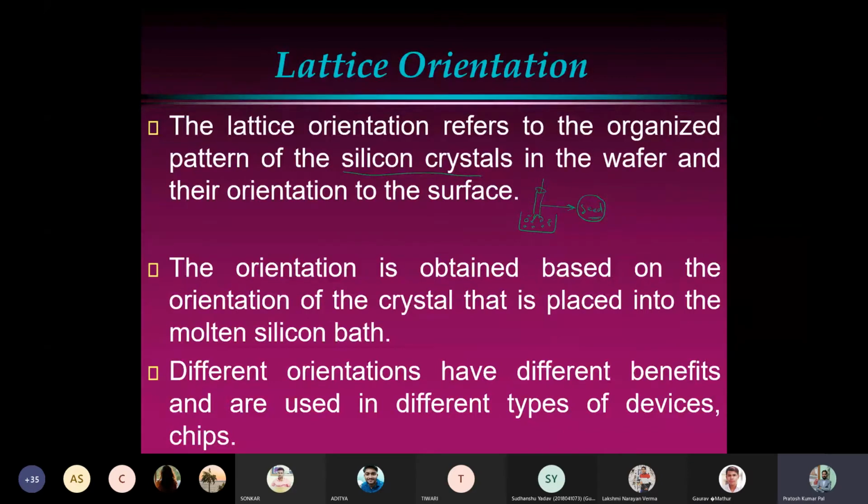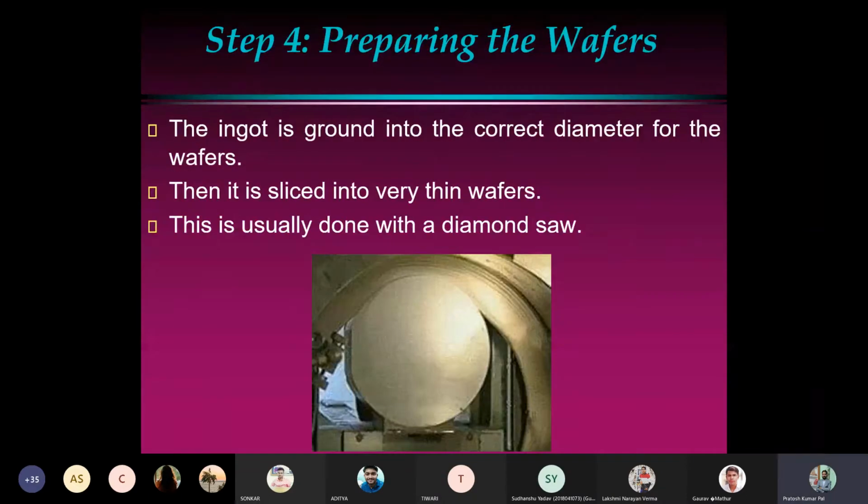In the first case we are going for BJT fabrication, in the other for MOS fabrication. Different orientations have different benefits and are used in different types of devices, like BJT and MOSFET.